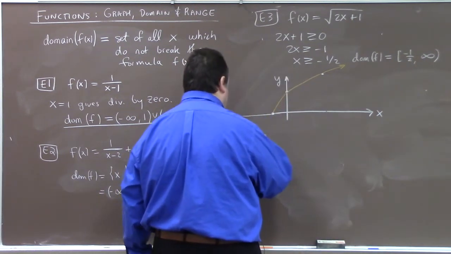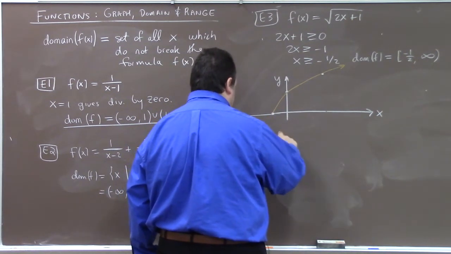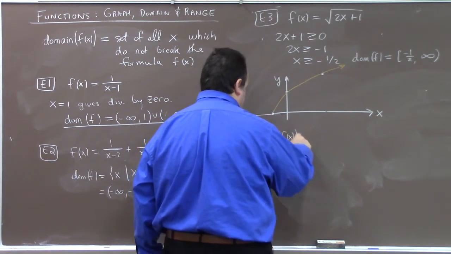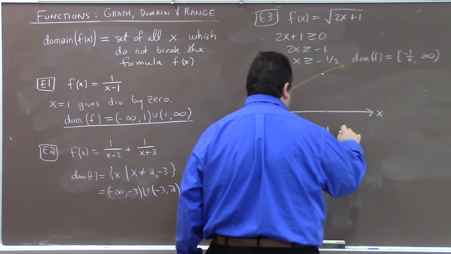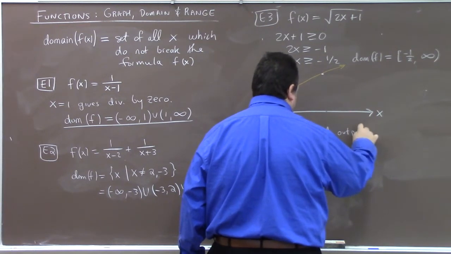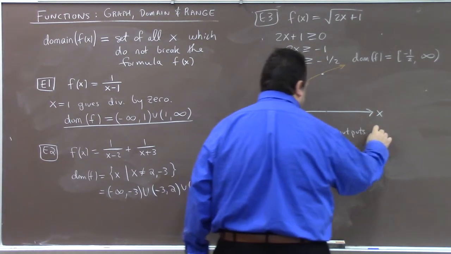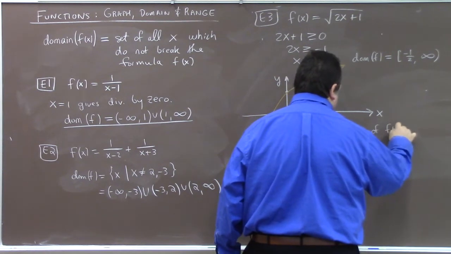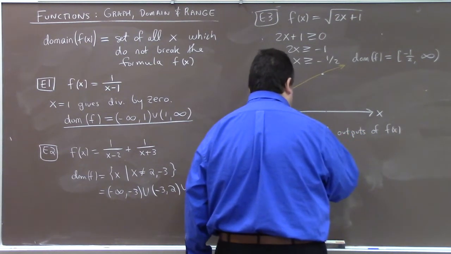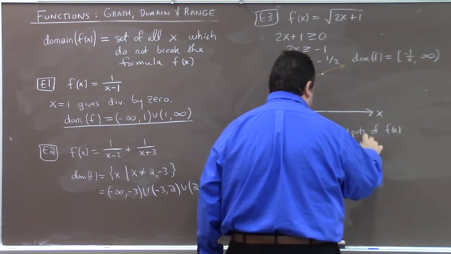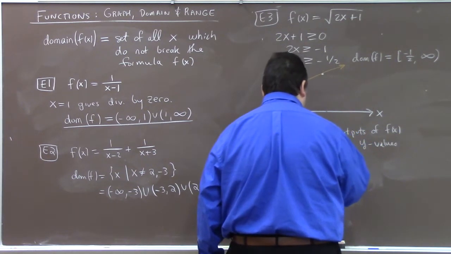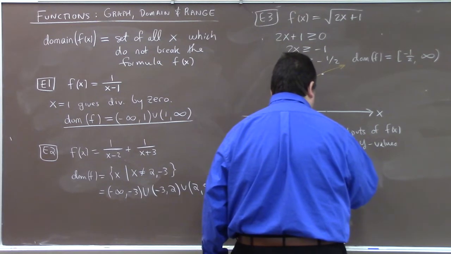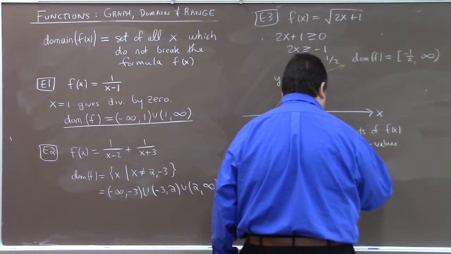Range of f of x is equal to all outputs of f of x, also known as the y values attained, or if you like the word attained, you could use the word reached in the graph.